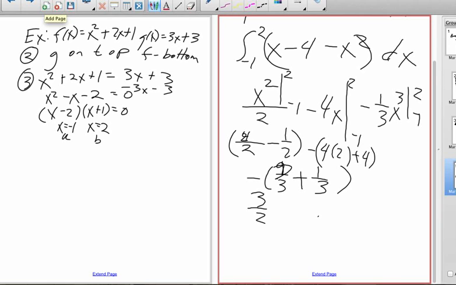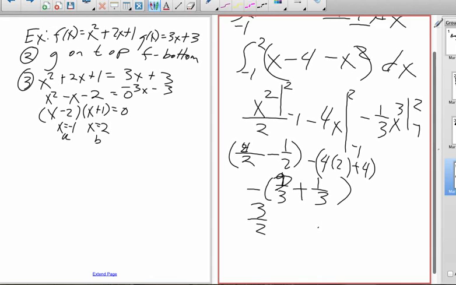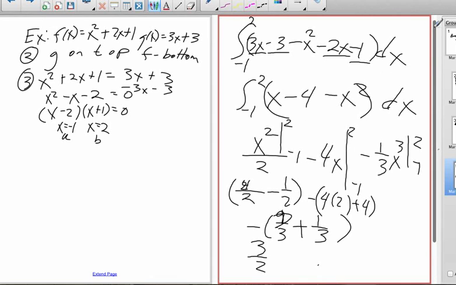A mistake somewhere or other. Oh, this should be a plus. No, that's right. Should be a minus 2x.